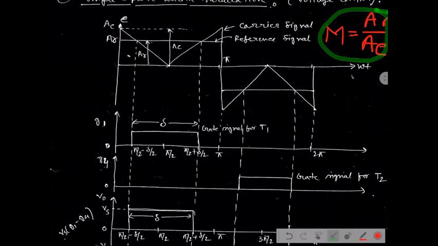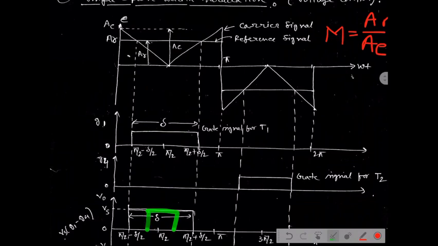Okay, that means we are moving this rectangular shaped reference signal from this one in the upward or downward direction, then the coinciding points will change, and correspondingly the width of the gate pulse will change, as well as the output voltage.